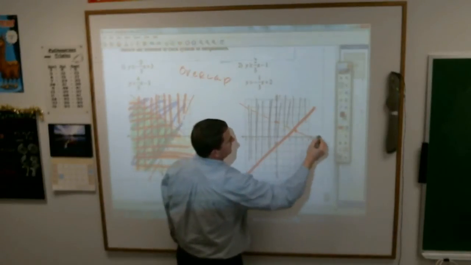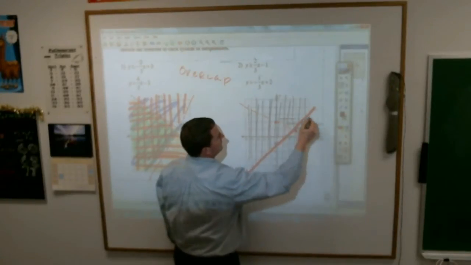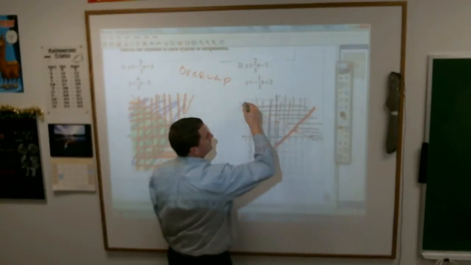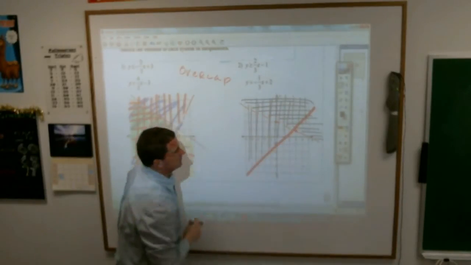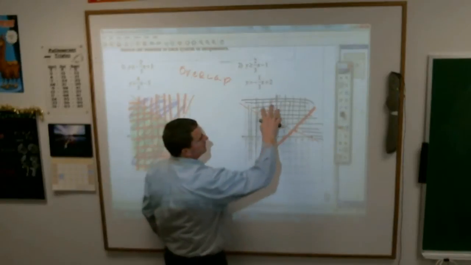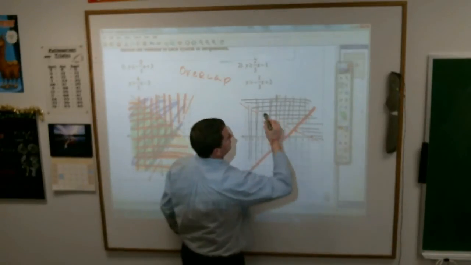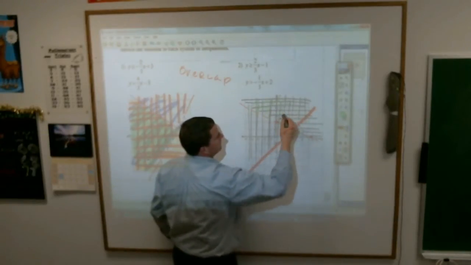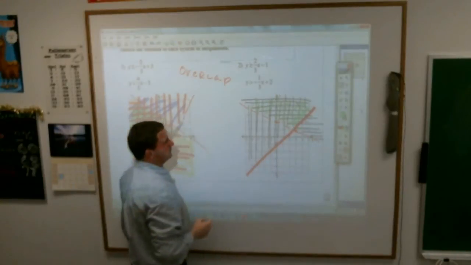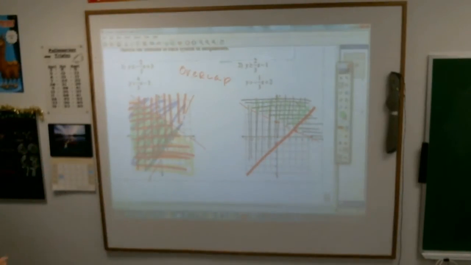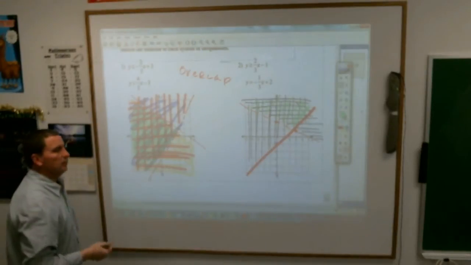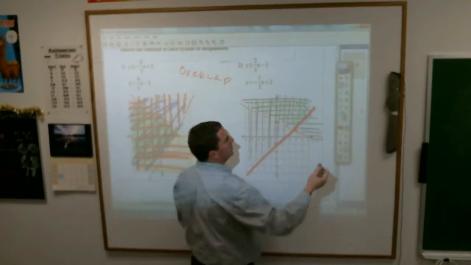So your answer is, children, right here. This little chunk right here. See, this is like incorporating art and math and the whole thing.